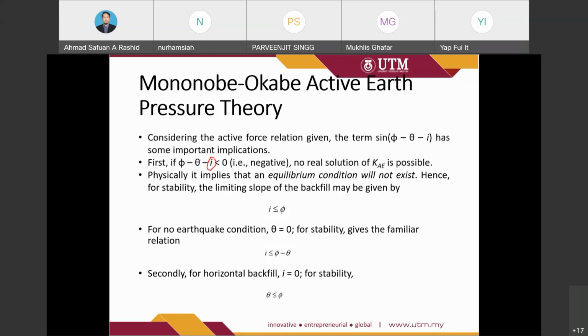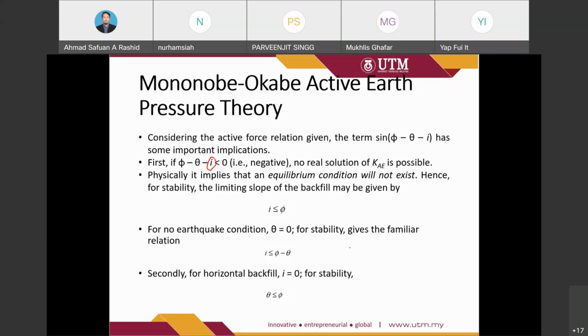We cannot control the theta because the theta is due to the earthquake event. But we can control the phi a little bit, by making sure that the compaction is good enough. So for no earthquake condition, theta is equal to 0, and for stability, I should be less than phi minus theta.